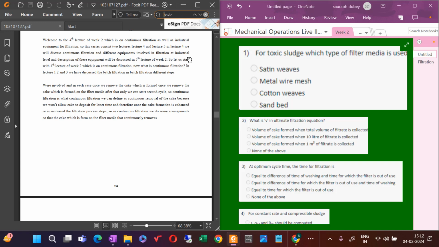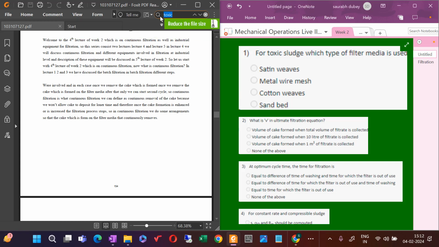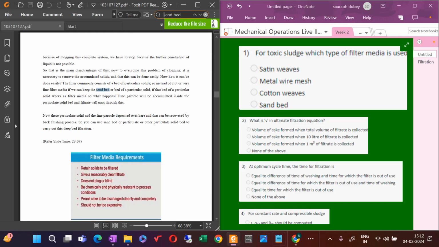The options are sand bed, cotton weaves, metal wire mesh, and satin weaves. So which one will be used for toxic sludge?